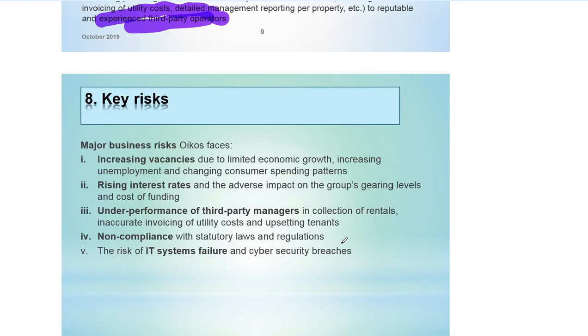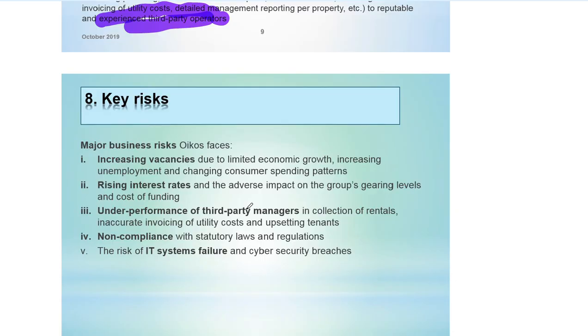And if the tenants aren't making money, they will struggle to make payments for the rental. Also, consumers, as they see the economy is not doing well, might decide not to buy certain things. By them not buying from our tenants, we are running a risk of losing the tenants.